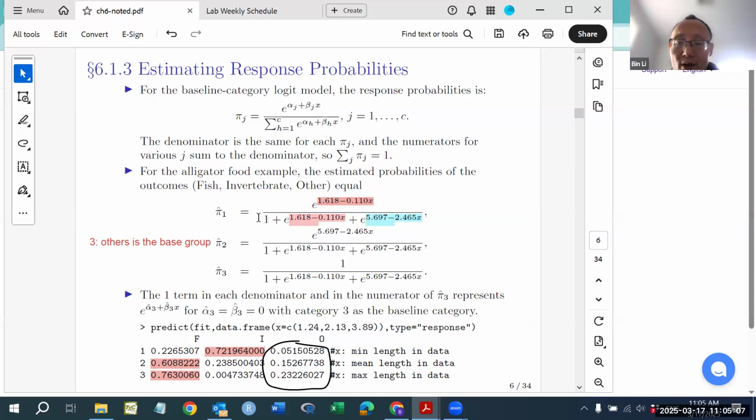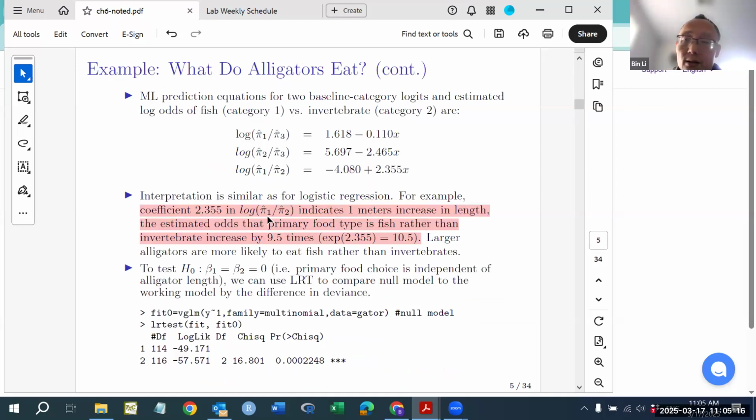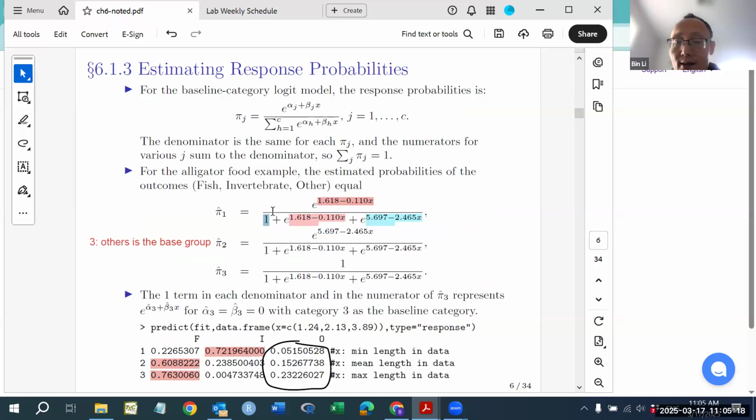So what about 1? 1 is the baseline group. What is the baseline group? It's category 3, the others. Why is it 1? Because for the baseline group, this all equals 0, so e to the 0 is 1. That's why we have 1 here.